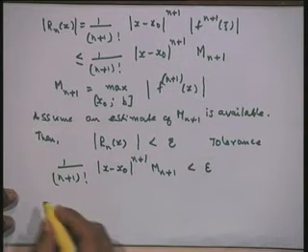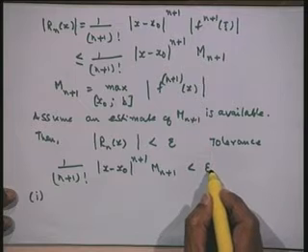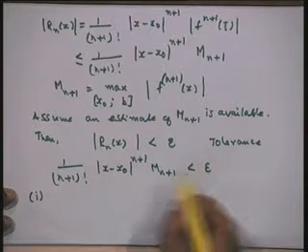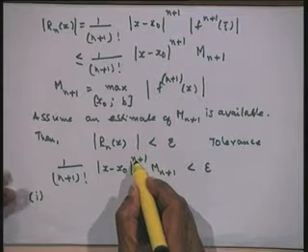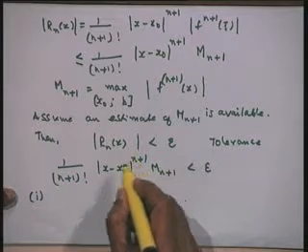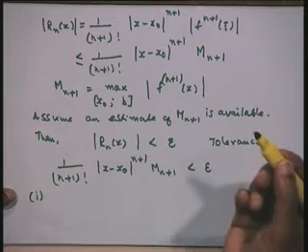Here, n describes the order of the Taylor series; if you have a Taylor series of order n, the number of terms is n plus 1.